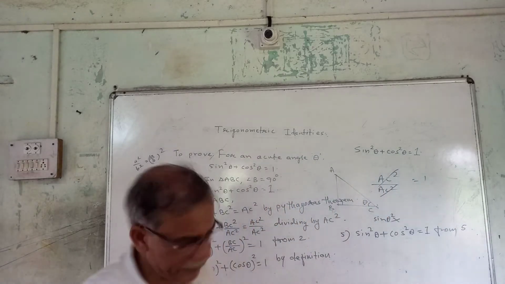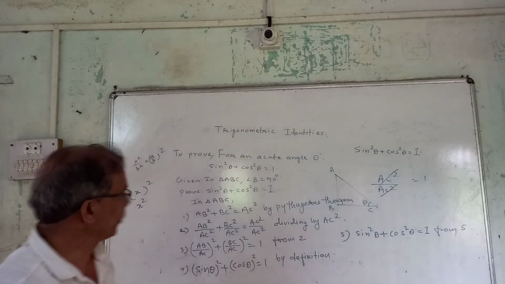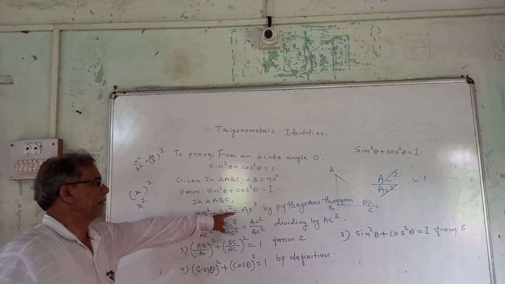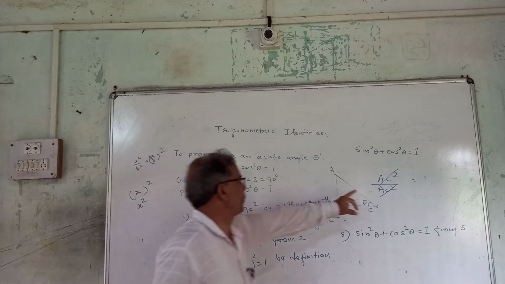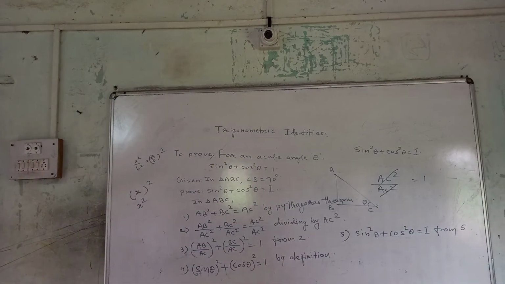So this is how that proof is obtained. So there are only 5 steps. You have to write Pythagoras theorem straightaway, and then to get this one, you have to divide by which side? Hypotenuse. That only you have to see. Then the remaining part is calculation. Okay. So this is one identity.